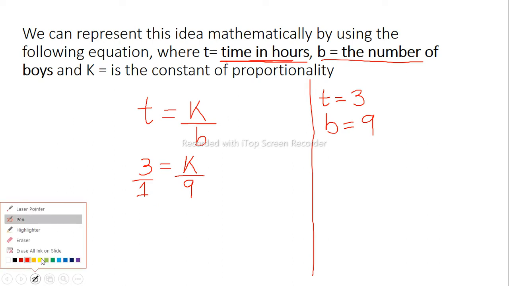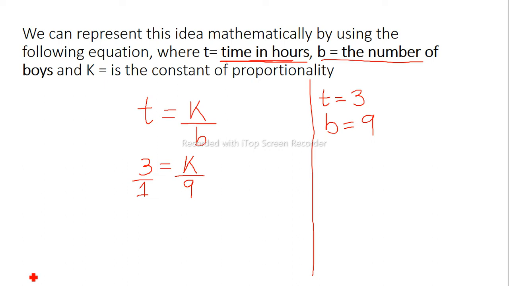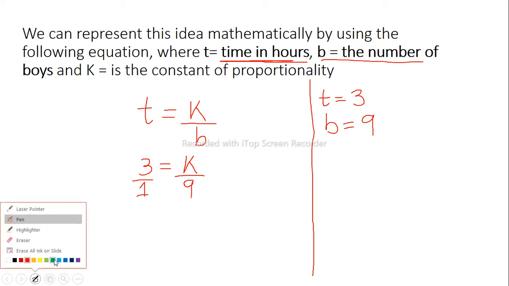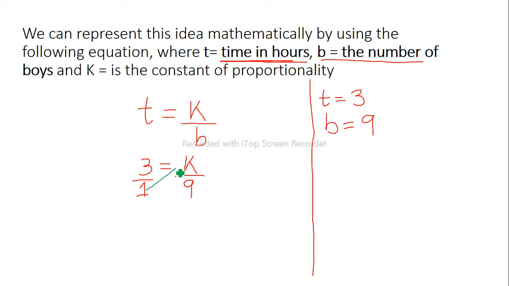We have to cross multiply to solve for K. So we're going to multiply 1 by K and 9 by 3.